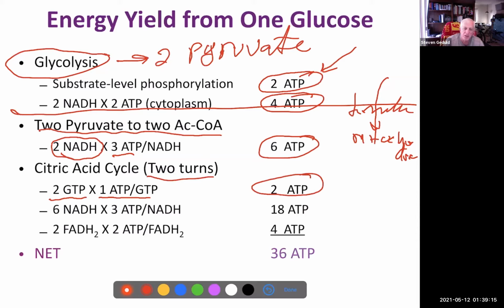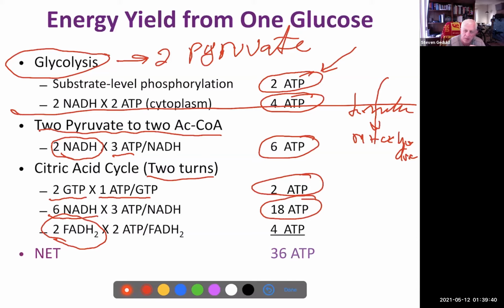And as you run the citric acid cycle, you're producing 6 NADHs, nicotinamide adenine dinucleotide. You're producing 6 of those, and each one produces 3 ATPs. So you do 3 from each pyruvate, for a total of 6, and each one does 3. So 6 times 3 is 18 ATPs. And you've also produced 1 FADH2 for each one, so 2 of those.